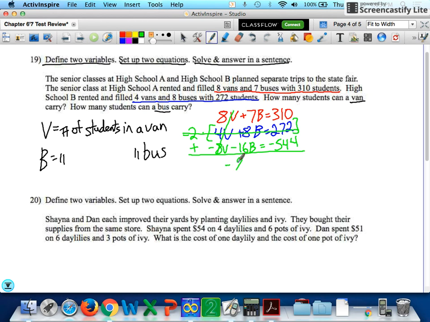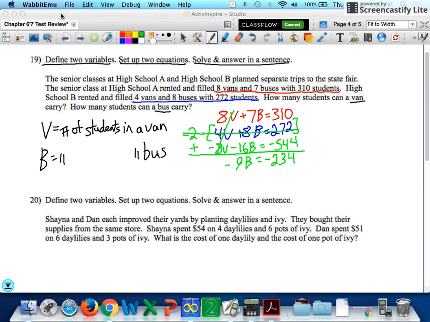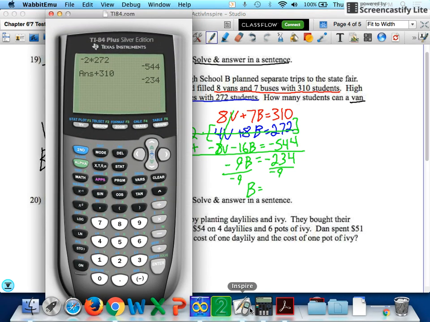I'm going to get a -9B equals, once again, calculator work right here. Okay? Should be a -234. Let's check me. Plus 310. -234. Perfect. Divide by -9, divide by -9, and I find that B equals, I believe it was 26.